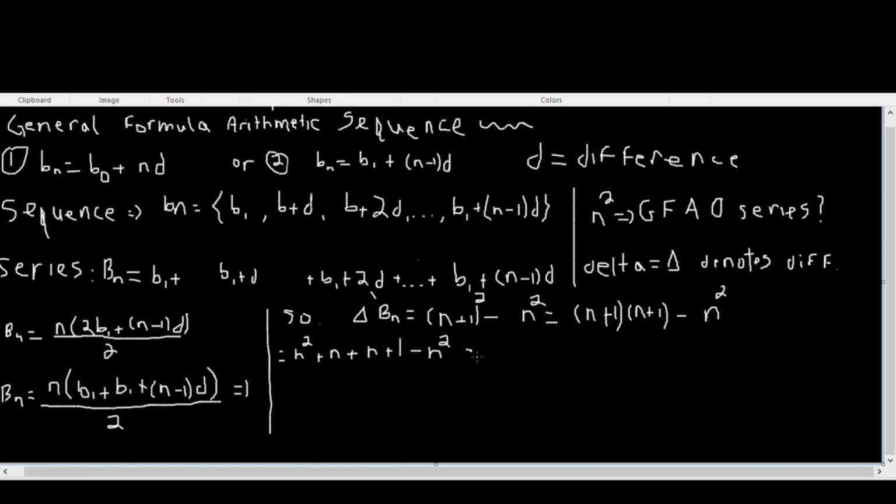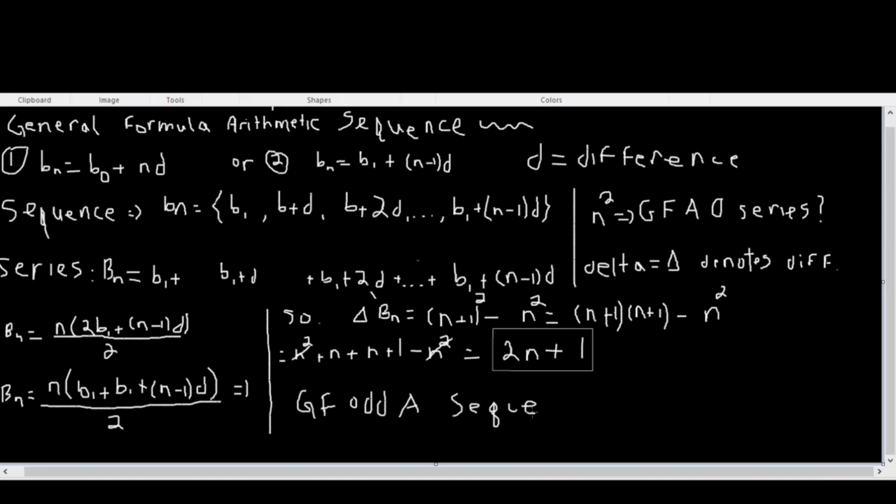If we FOIL out n plus 1 squared, and that simplifies to, and canceling terms, bringing all the like terms together. Take a look. That's what we were aiming for. Final answer is 2n plus 1, and that means everything checks out. We're left with the general formula for the odd integer sequence.